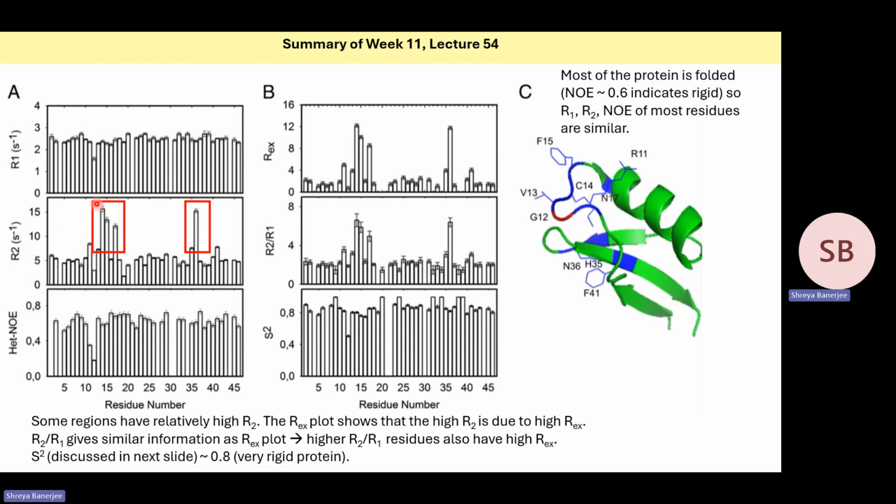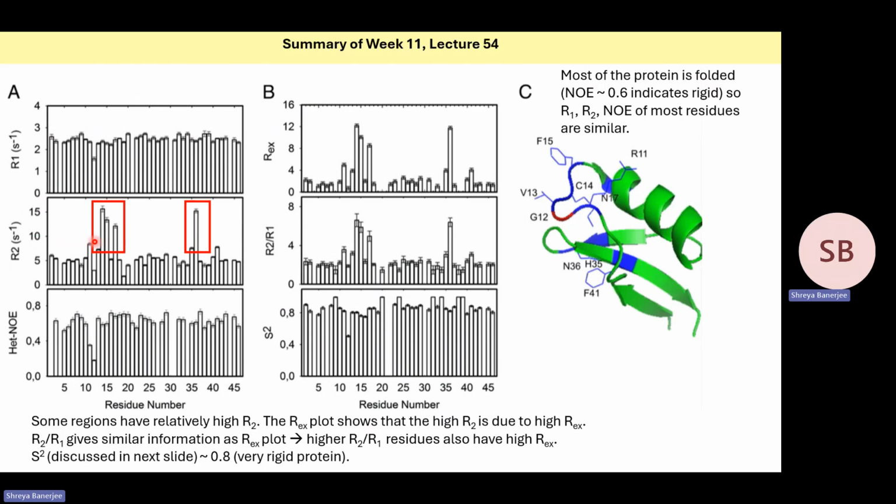But in some places, shown by red here, the R2 is anomalously high. If you plot R exchange, you can see that where the R2 is high, the R exchange is also high. That means the reason for this high R2 is exchange phenomena. We saw that R2 is made up of intrinsic R2 as well as the exchange rate.